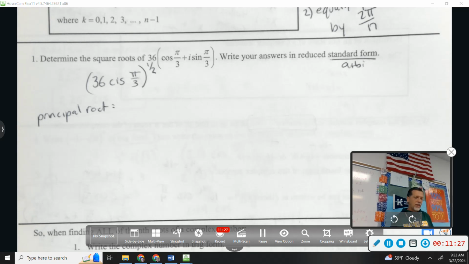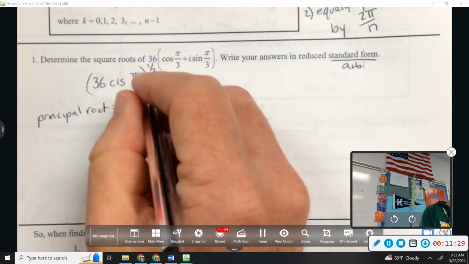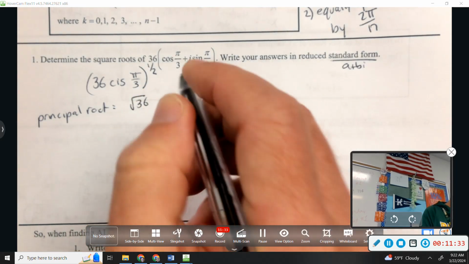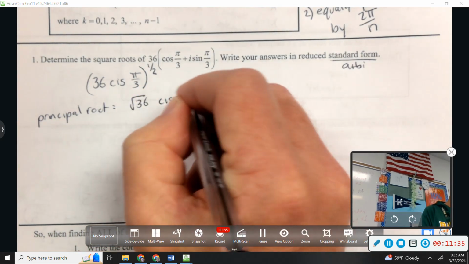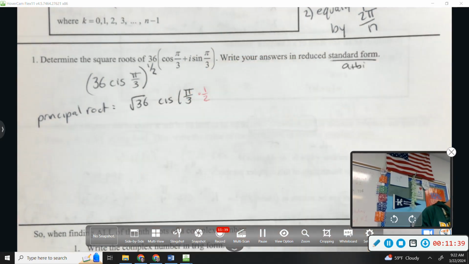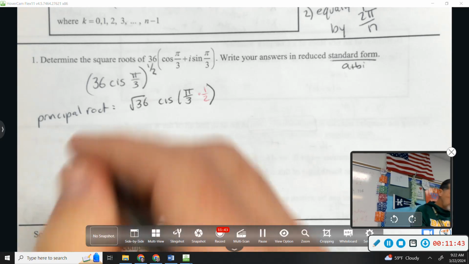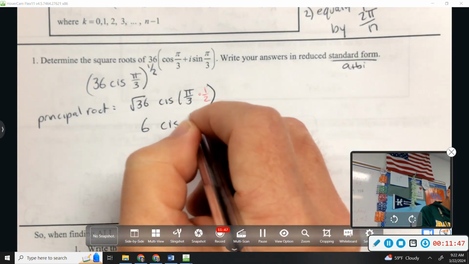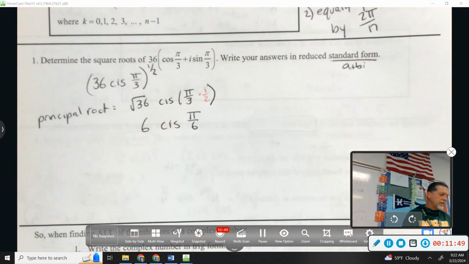Some of you would skip what I'm about to show, but that would be the square root of 36 times cis of pi over 3 times 1/2. So my principal root is 6 cis pi over 6. That's the main one, that's the first one.